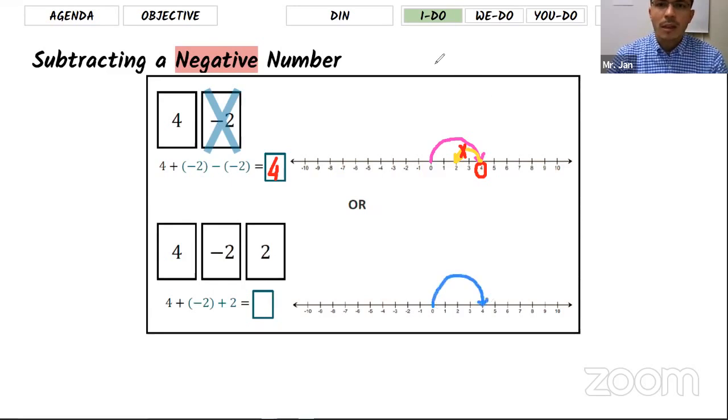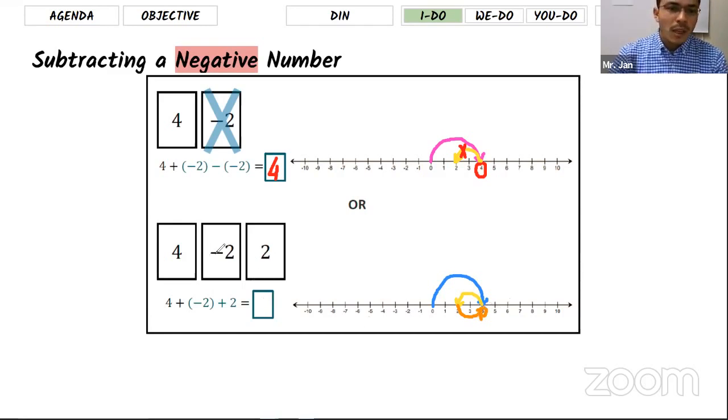Your second card is negative 2, so you go 2 steps backward. Your third card is positive 2. So you ended at 2, and you start at 2 and move forward 2 steps again, because your last card is positive 2. You ended, as you see, at 4. I'm going to circle this if you can see this.